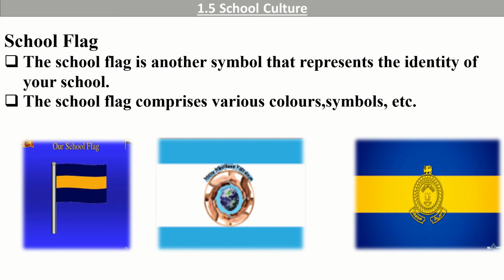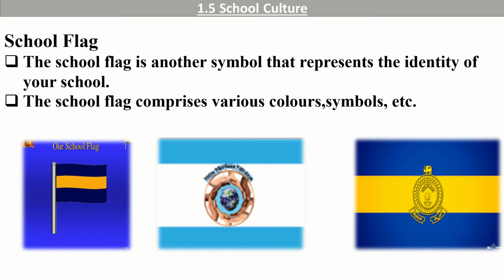You may have seen that certain school flags are designed including the school crest and motto. Some schools include the school logo in the flag. We can see the logo and the motto in the school flag. So the school flag is another important one.